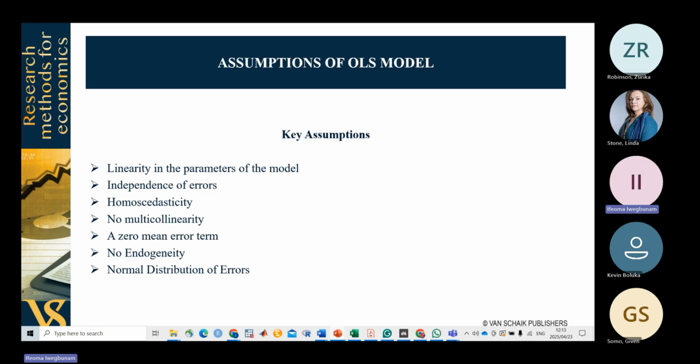Then there shouldn't be any multicollinearity within the variables that we are trying to measure. Also, a zero mean error term. There wouldn't be any endogeneity. Then the errors need to be normally distributed for us to know that we've achieved the OLS model assumptions.